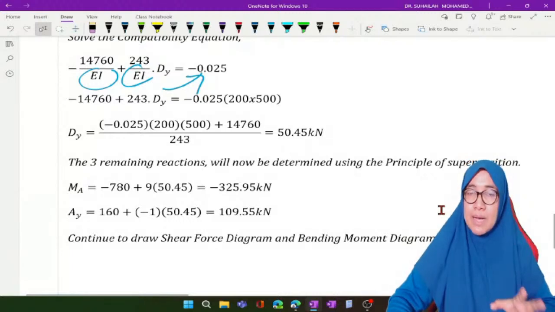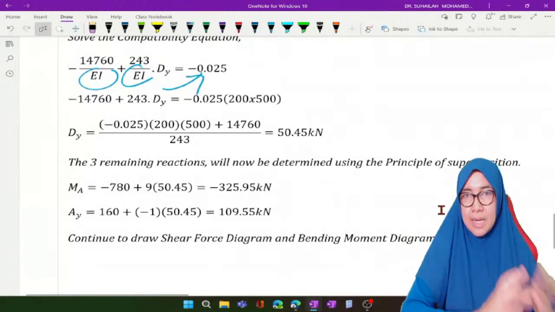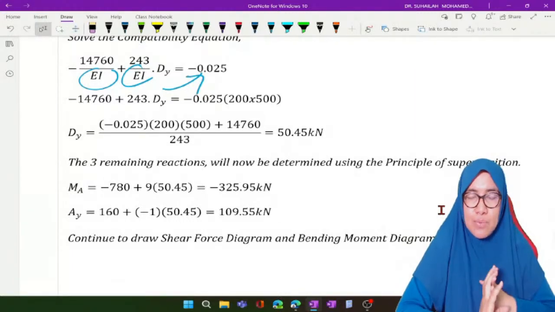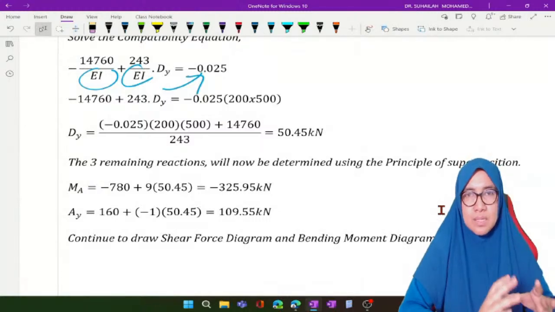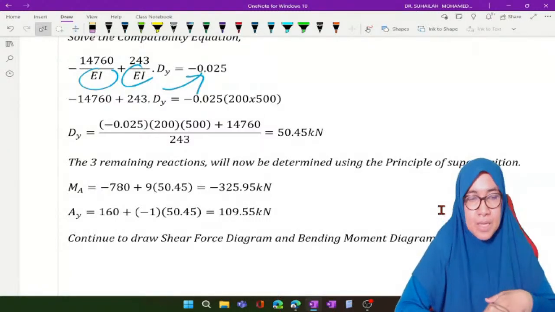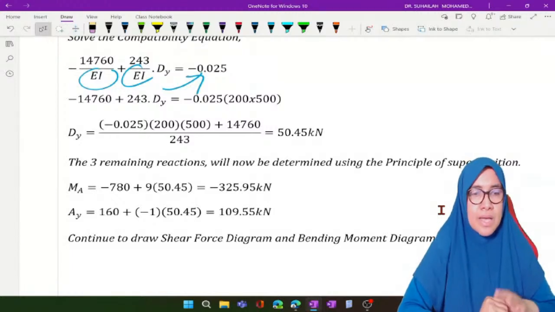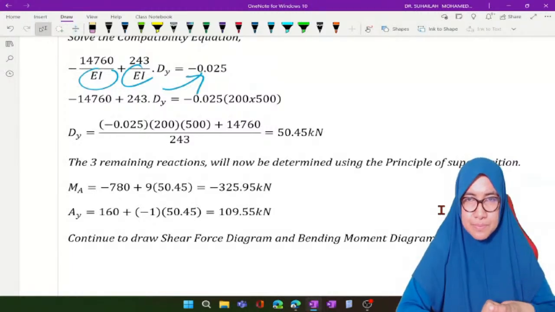So this is beam analysis, and actually we will use the same procedure, the similar analysis, the same formula when we analyze a frame.